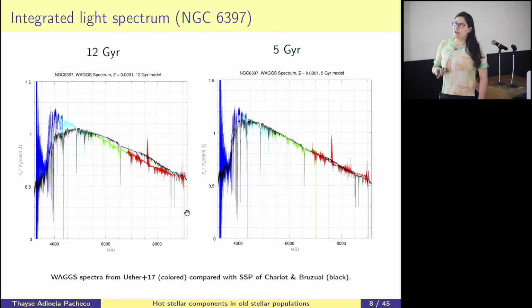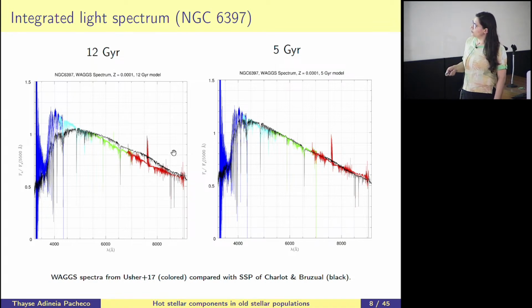Here is an example of NGC 6397, which is one of the most studied globular clusters of the Milky Way. In colored lines, we have WAGS spectra of this globular cluster, and in black lines, we have some simple stellar population fits.